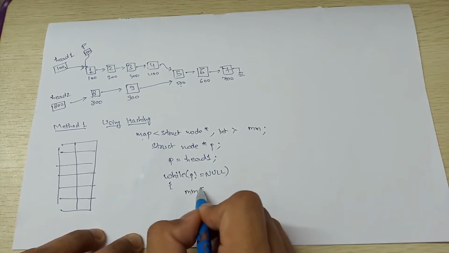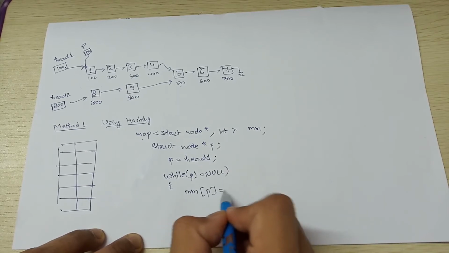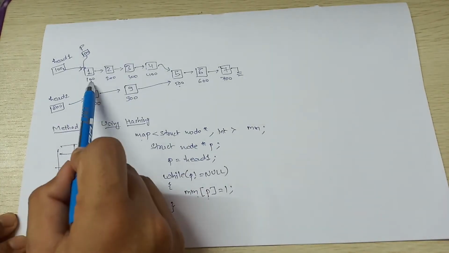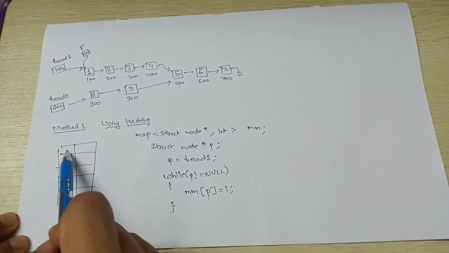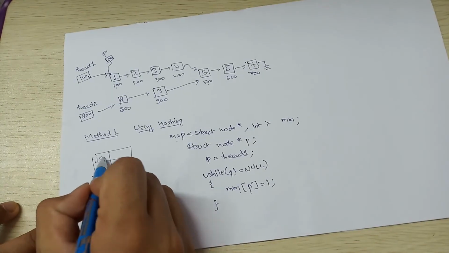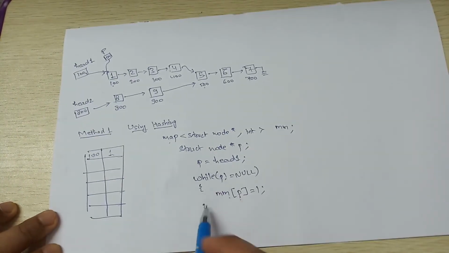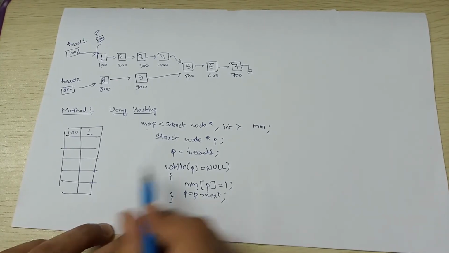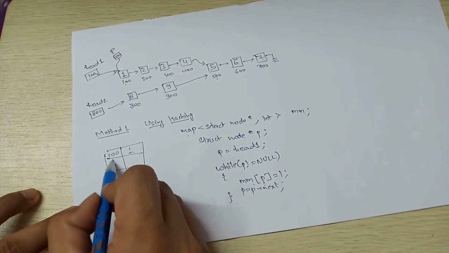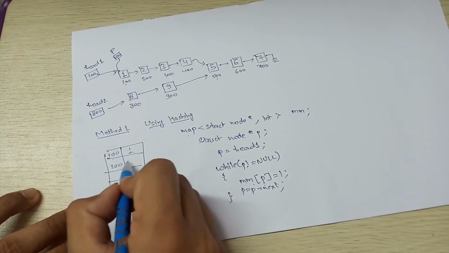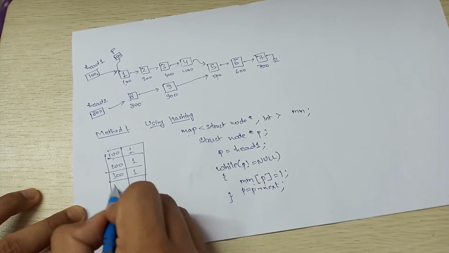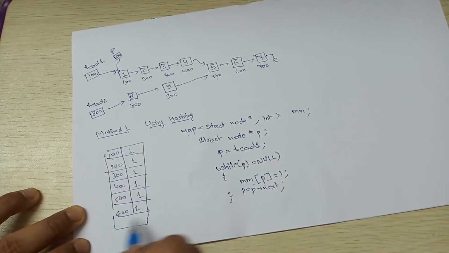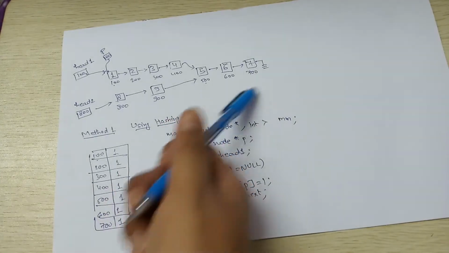We say map of p is equal to 1, so it stores the address of the node, say 100, in the hash map and marks it 1. Also we say p is equal to p next to traverse. This way we traverse the whole linked list and hold the addresses in the hash map. Once we hit null, the loop will stop.